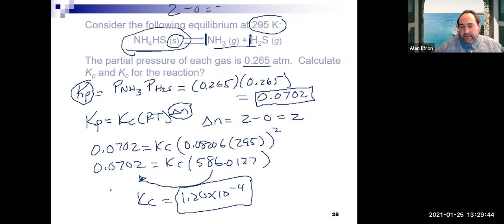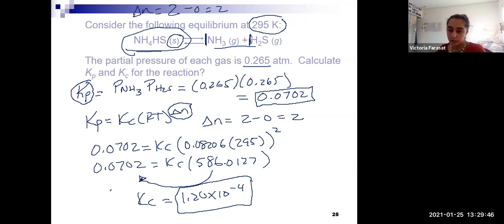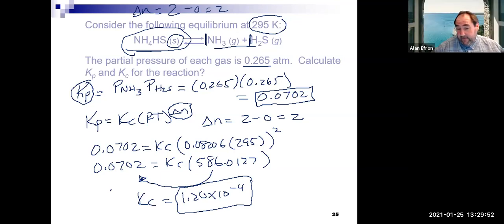So if the solid was a gas, would it be 1 then? It would be in this case. If it was a gas, you would do 2 minus 1 in this particular case. But you do want to make sure, because sometimes people go automatic on that and just go by whatever's there. You do want to look at the states and make sure that they are gases.